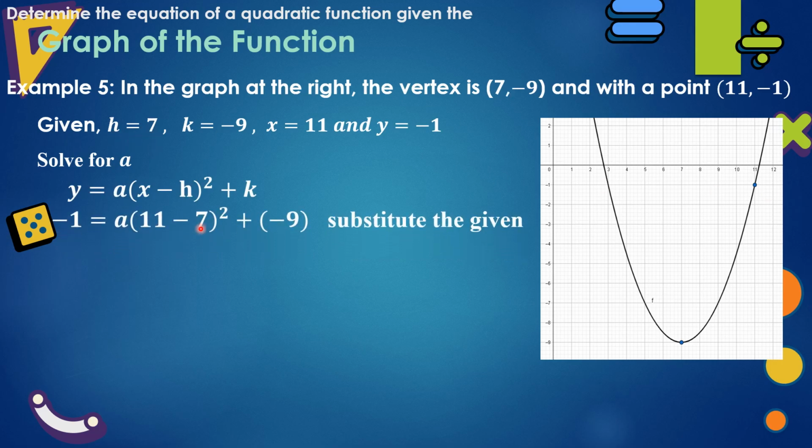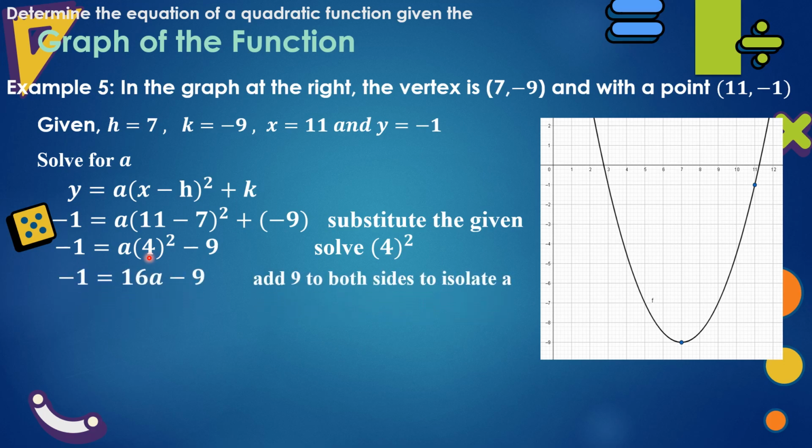H is 7, k is negative 9, x is 11, y is negative 1. 11 minus 7 is 4. The square of 4 is 16. 16 times a minus 9 is equal to negative 1.